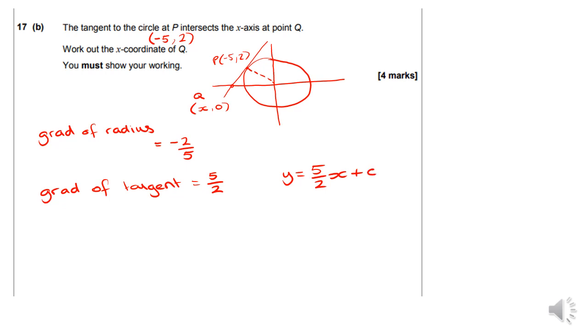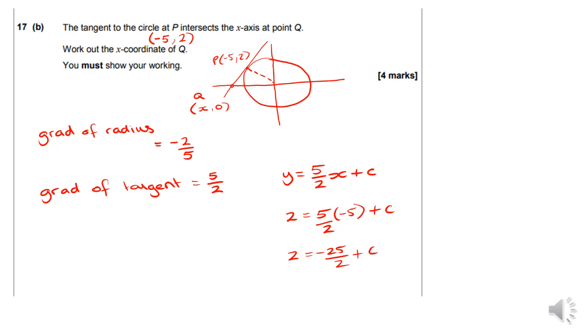something that we don't know, we'll call it plus c, but we do know that P's coordinates lie on that. So we know that when y is 2, x is equal to negative 5, so we can figure out c. So 2 is equal to negative 25 over 2 plus c.